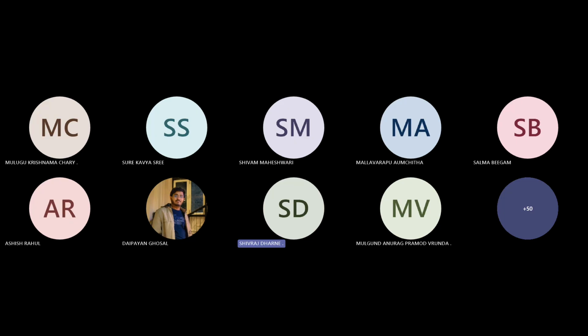Then let's say the second question I will ask: explain the difference between N plus 1 and 2N redundancy. Can somebody type the answer? What does it mean? No answer? We talked about it, right?